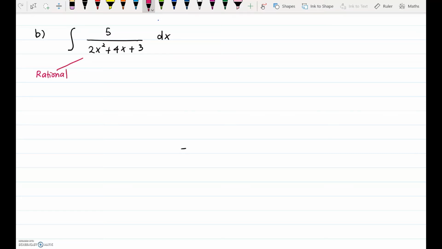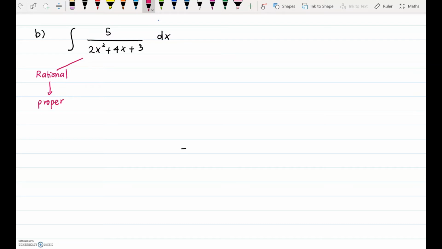For a rational function, you have to identify whether it is improper or proper. Here it is a proper rational function because the power in your numerator is x to the power 0.